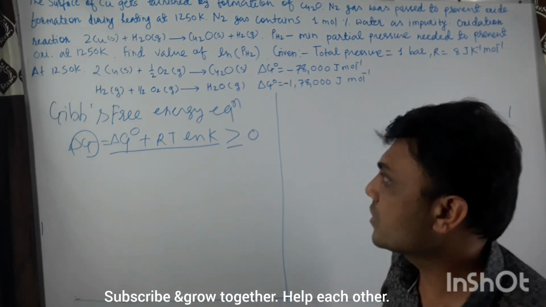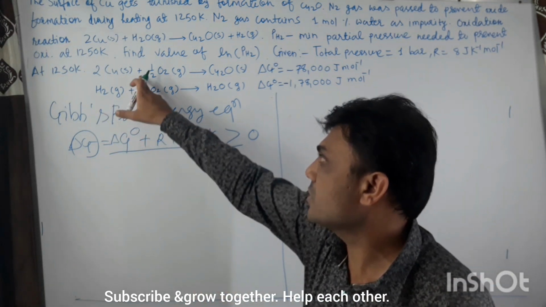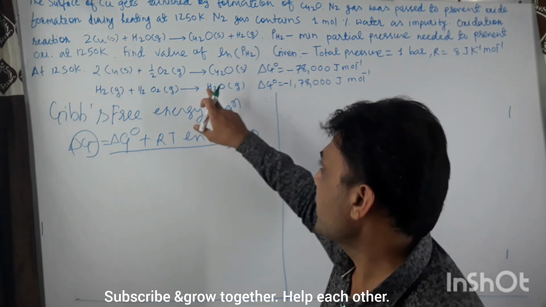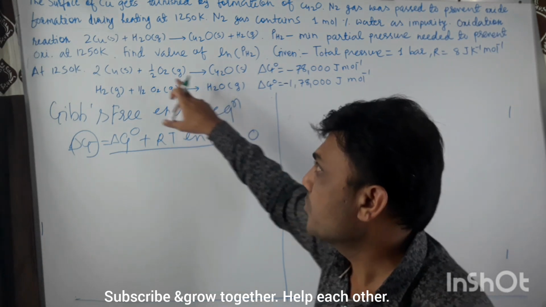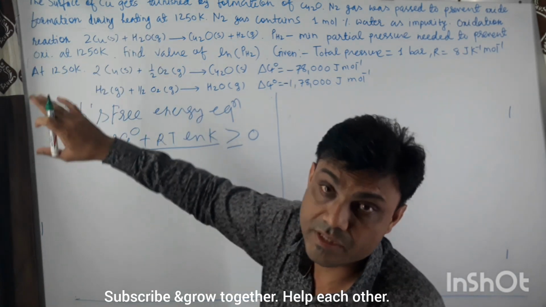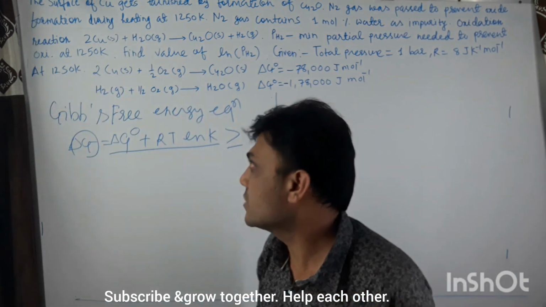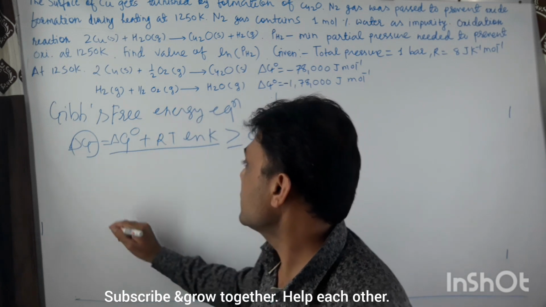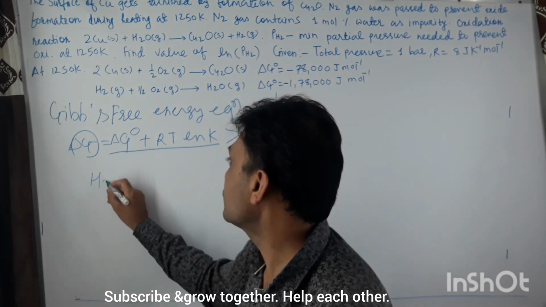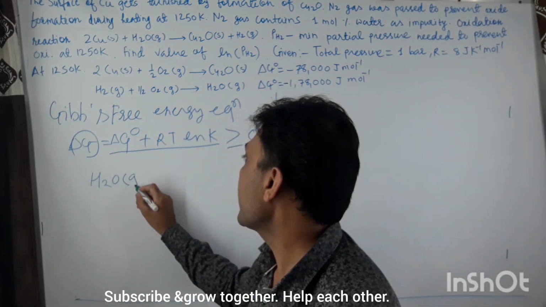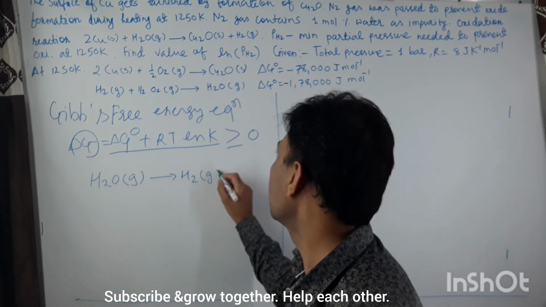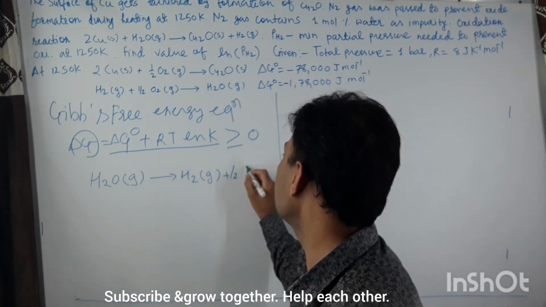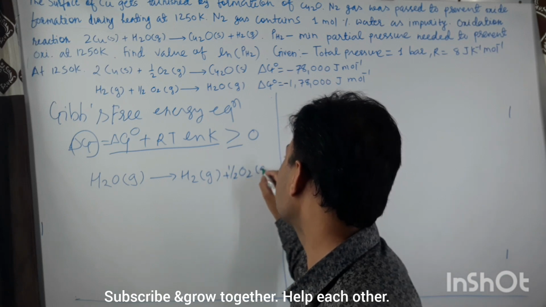degree Kelvin. These two equations are given, but this H2O in this reaction is on the product side, but here it is on the reactant side. So we have to reverse this reaction. If we reverse this reaction, this will be H2O gas gives H2 gas plus 1/2 O2 gas.